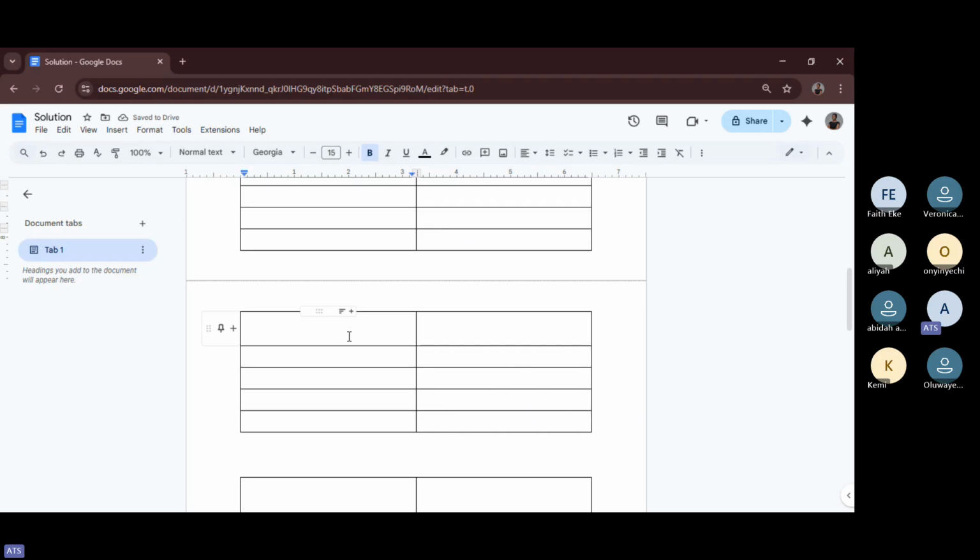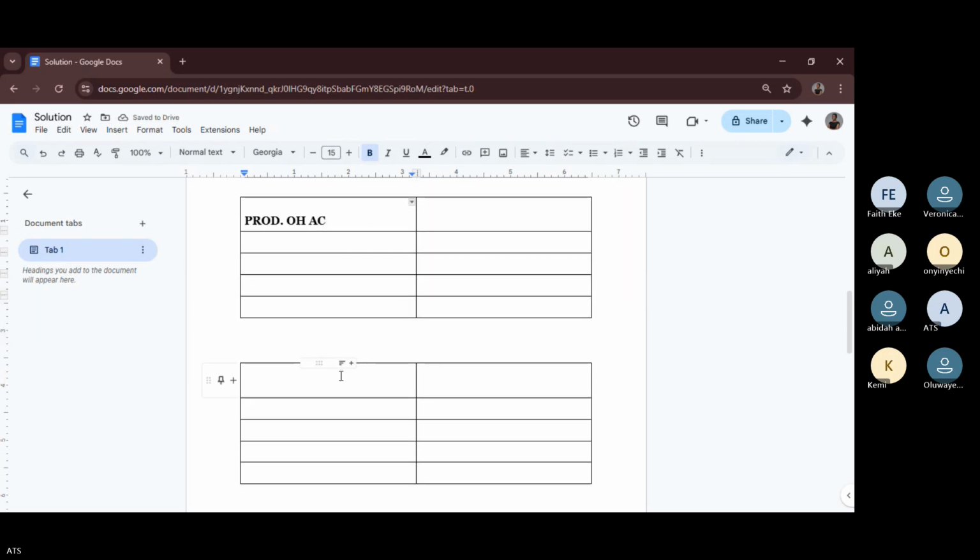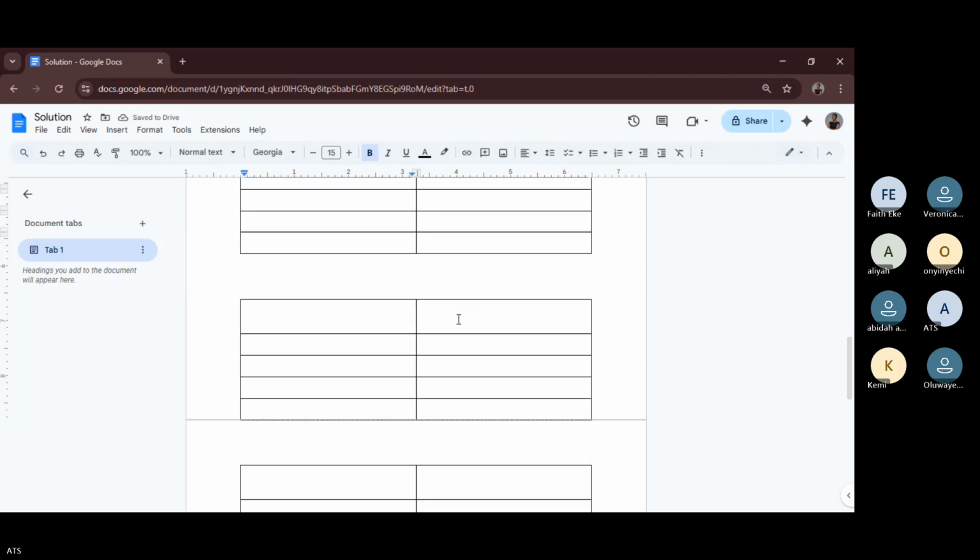Wages account, then production overhead account, then work in progress, then finished goods.